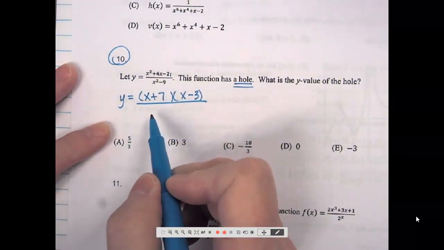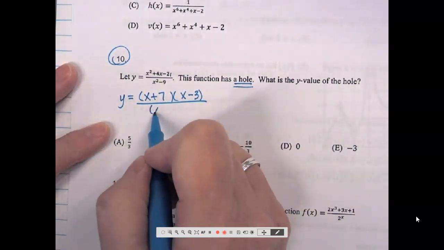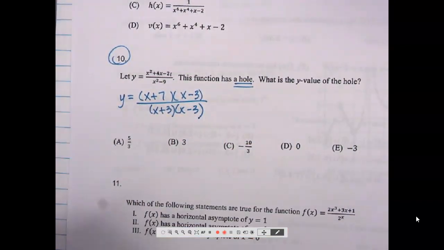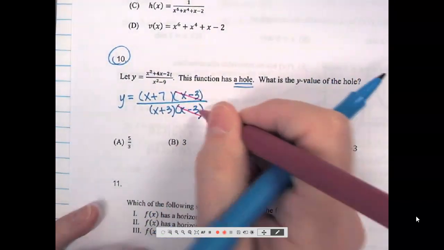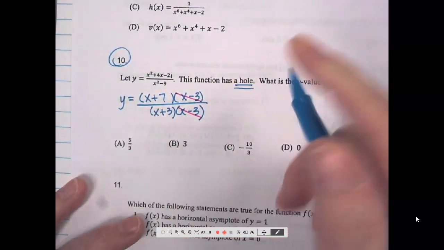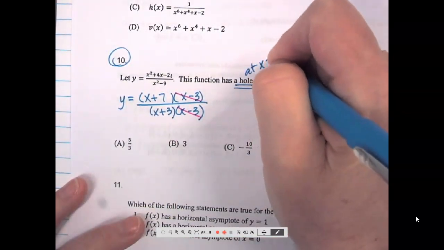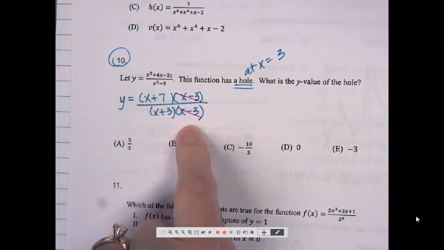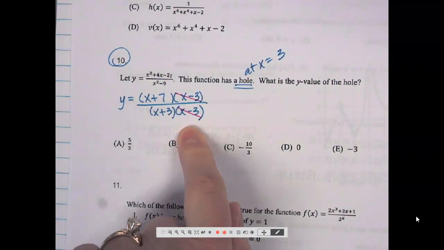And then the denominator is a difference of 2 squares, factors into x plus 3, x minus 3. Okay, so these two cancel. So where is the hole? At x equals 3 is where the hole is, because that's the value that would make that canceled factor be 0.